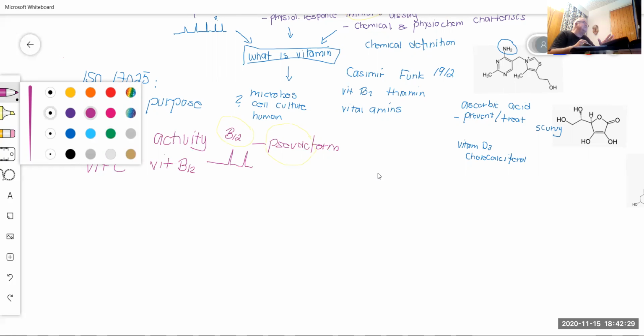Now the point is, if we are not able to separate those two, and we are analyzing using, let's say, a microbiological assay, the microbiological assay is giving the sum of B12 and its pseudo form, but the pseudo form is not valid for human physiology, so we are then overestimating the result.